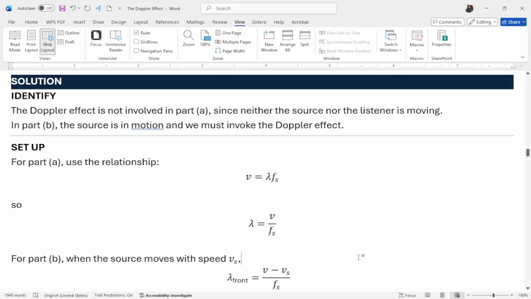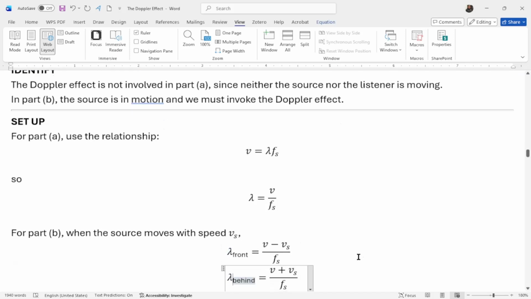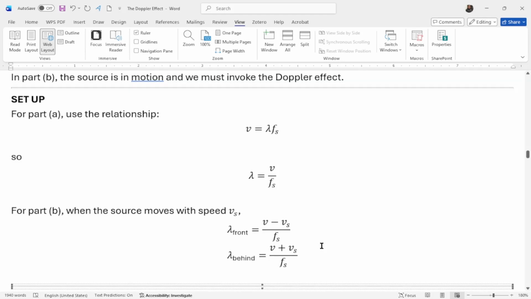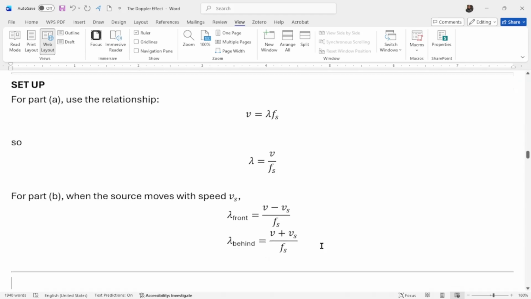Now what about part B? In part B, the source moves with the speed v sub s. The equations that we're going to use are the following. For the front of the police siren, the formula to determine the wavelength of the sound is lambda equals v minus v sub s over f sub s.